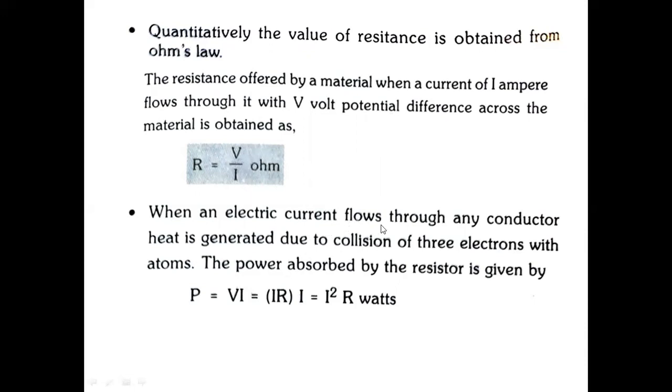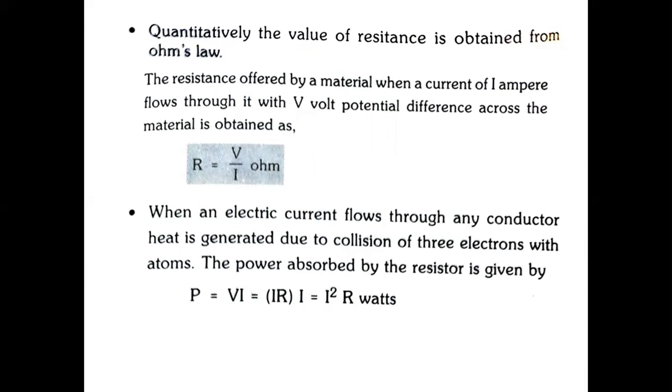When an electric current flows through any conductor, heat is generated due to the collision of electrons with atoms. The power absorbed by the resistor is given by P equals VI, that is equal to I squared R watts.